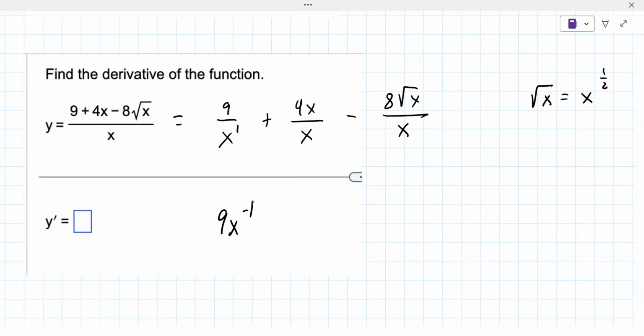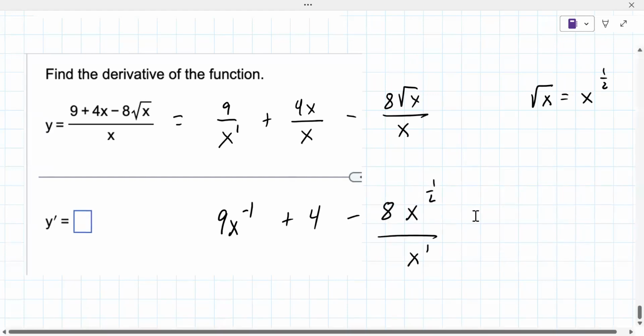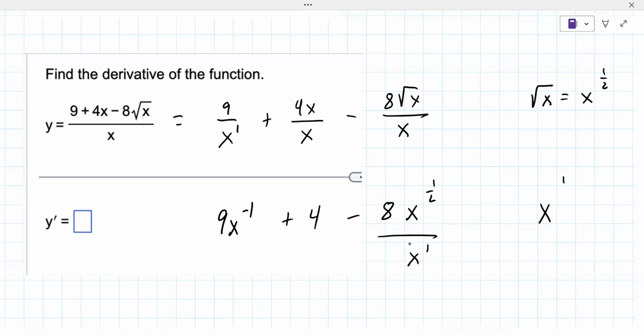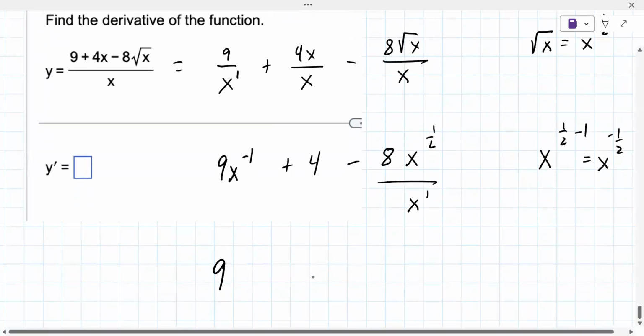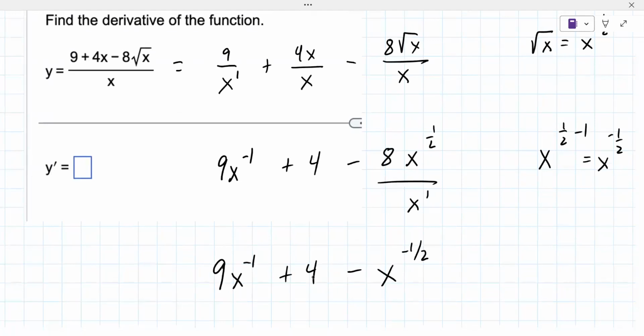And there's no calculus, so we've not taken any derivatives. Plus 4, minus 8x to the 1/2 over x to the 1. This becomes x to the 1/2 minus 1, which is x to the -1/2. So 9x to the -1 plus 4 minus x to the -1/2, like that.